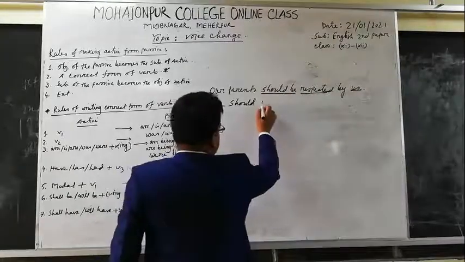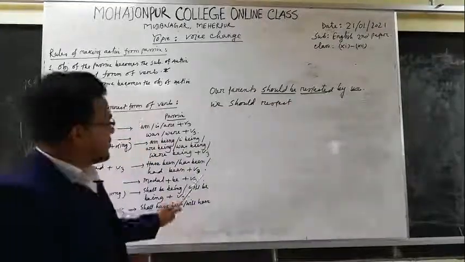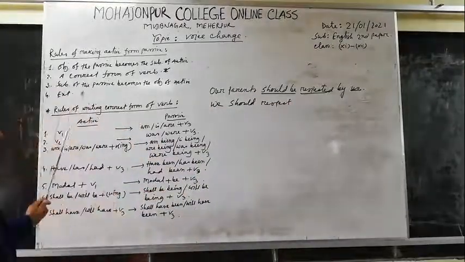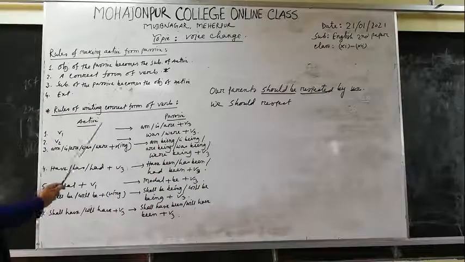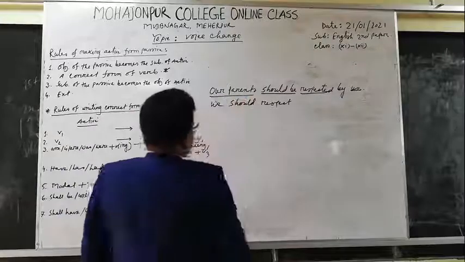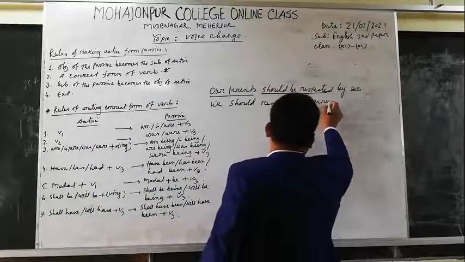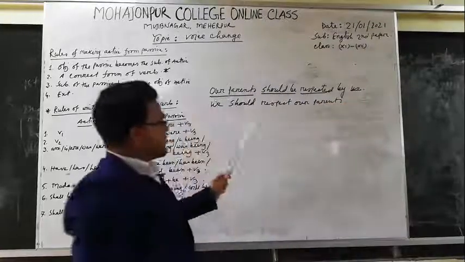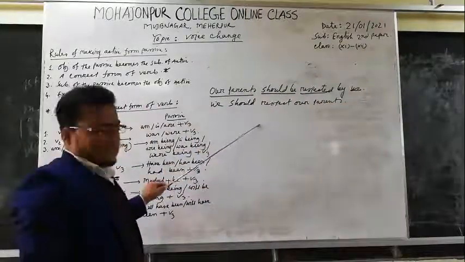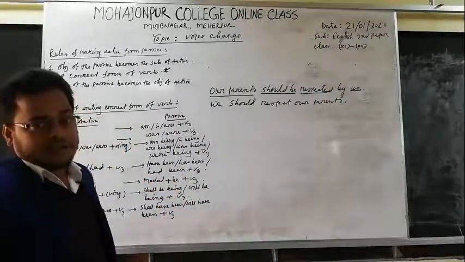The present form of verb respected is respect. Okay, we should respect, and according to the rules, third one, subject of passive becomes the object of active. So here subject is our parents, so we can write here our parents. There is no extension here, so it is clear. I think it is clear to you. We should respect our parents.